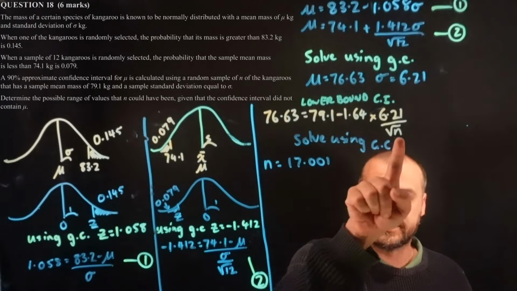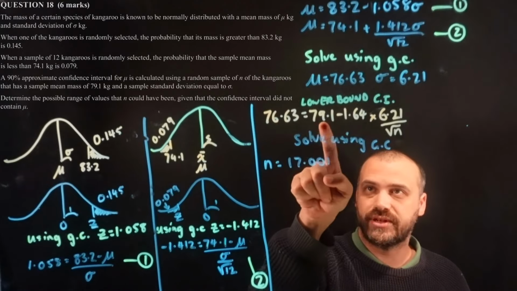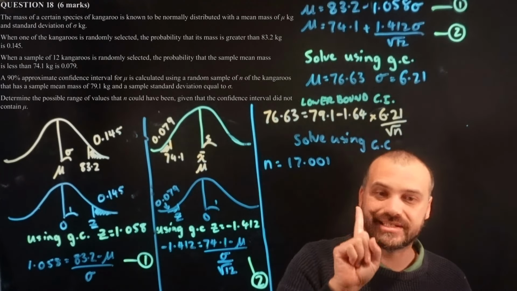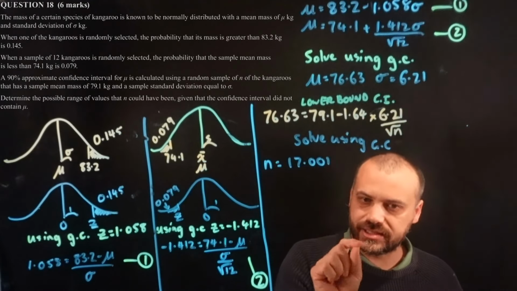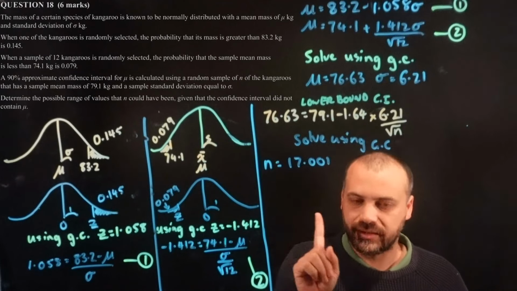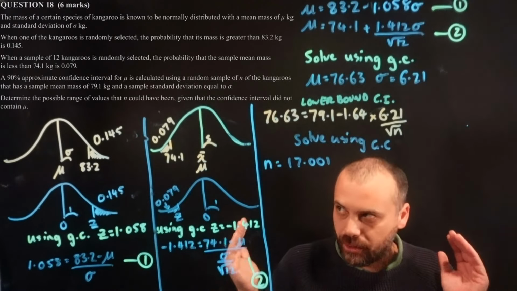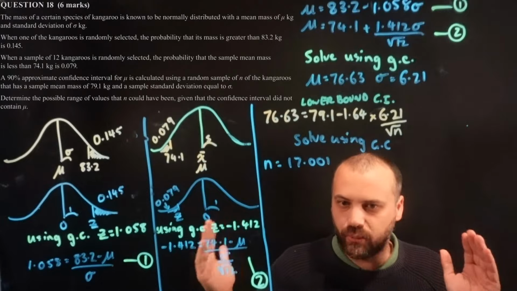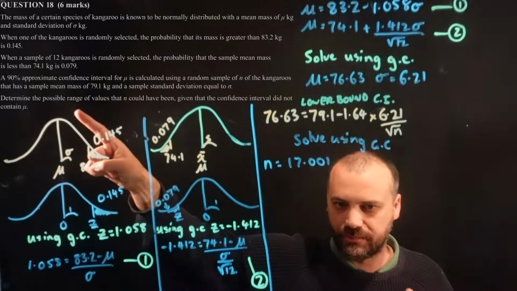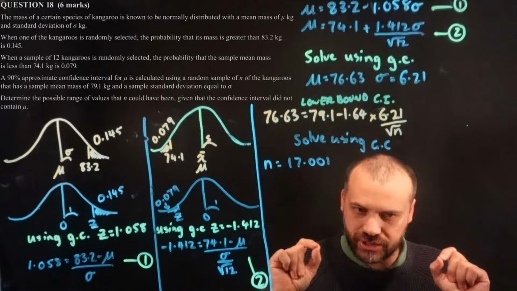If you put exactly 17 in for n, and you do 79.1 minus 1.64 times 6.21 over root 17, your answer is going to be smaller than 76.63, which will mean that the population mean will be inside your confidence interval. But we're trying to determine the possible range of values of n given that the confidence interval did not contain it.